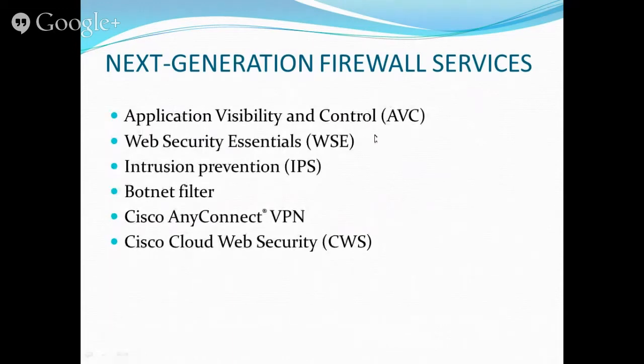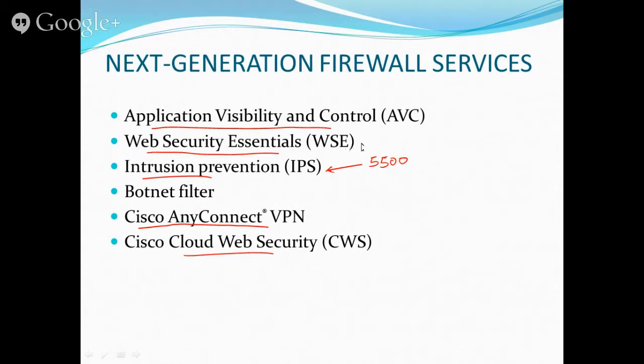So with Cisco, we have application visibility and control. We have web security essentials and intrusion prevention. We also had intrusion prevention in the 5500 series, but you needed a module. Then there is Cisco AnyConnect VPN, and then you have cloud web security. Now, the cool thing for me was the web security essentials.